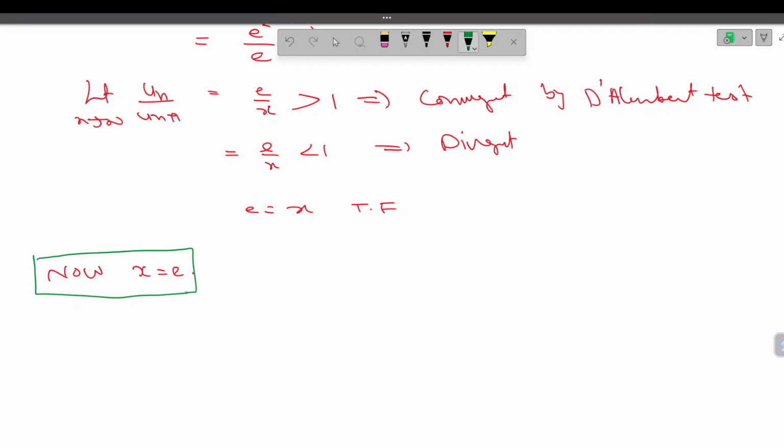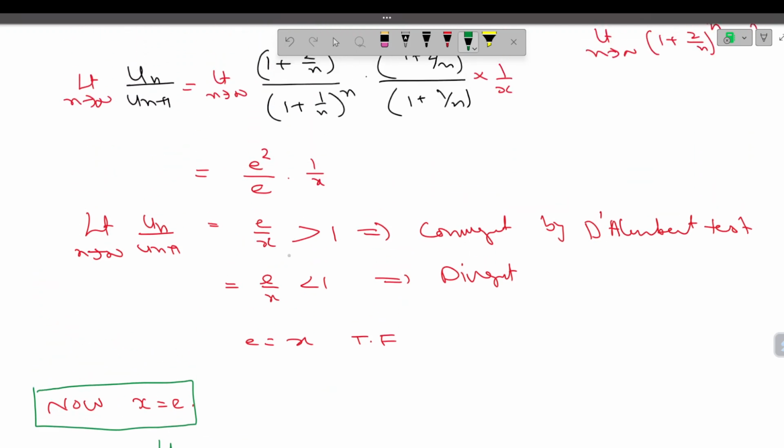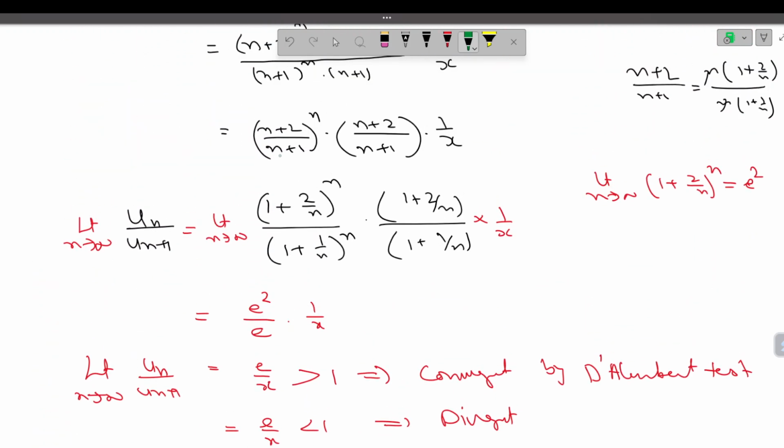Whenever e is involved, we have to apply the log test. Now we have un by un plus 1 equal to, what can we write? You see here, I am taking this part.